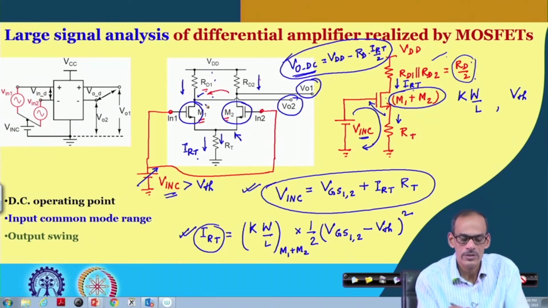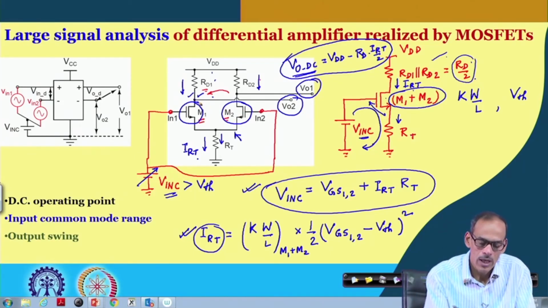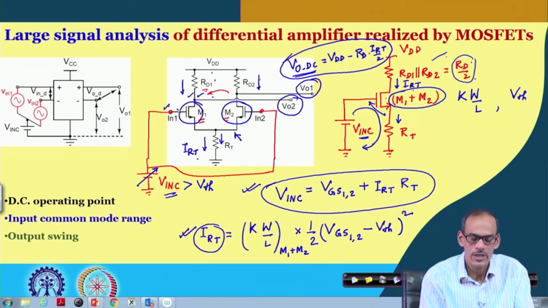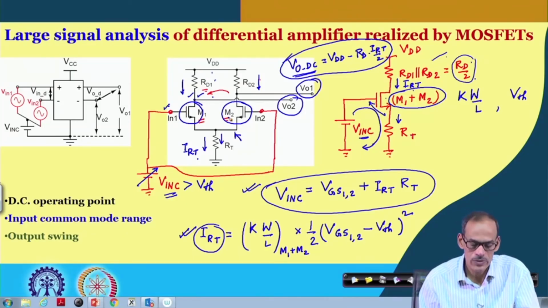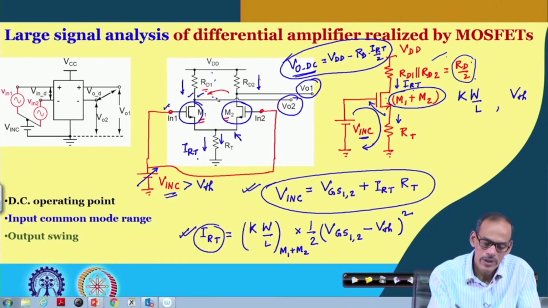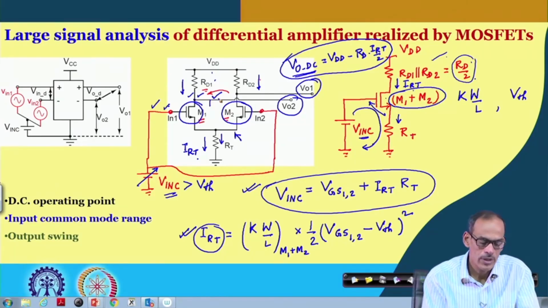Preferably the drain voltage and gate voltage should be such that both transistors are in the saturation region. And not only that, if we have a DC voltage here and DC voltage here, it should be such that the signal has some headroom.